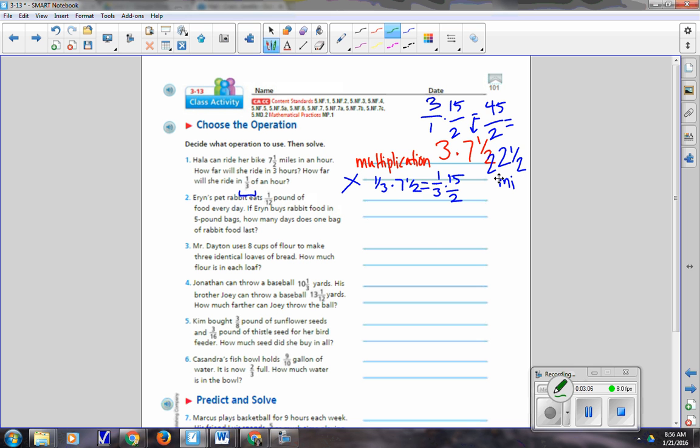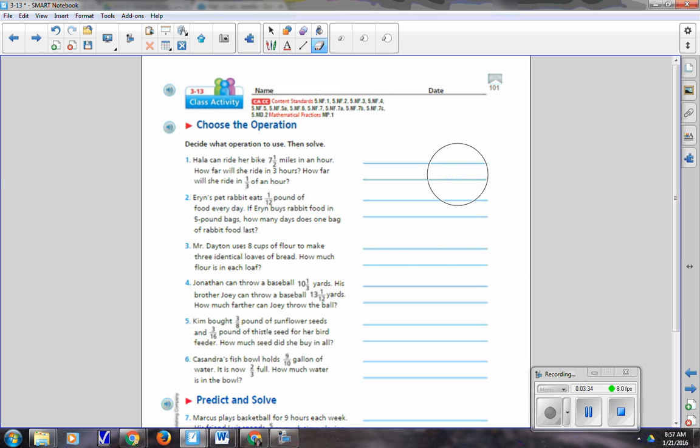And I like to do my simplifying before I multiply because it makes my life a little easier. So 1 times 5 is 5, 2 times 1 is 2, 2 into 5 goes twice with 1 remaining. So in 1/3 of an hour, she's going to go 2.5 miles. So if you need to press pause, hear it again, do it again, you can see that action again.